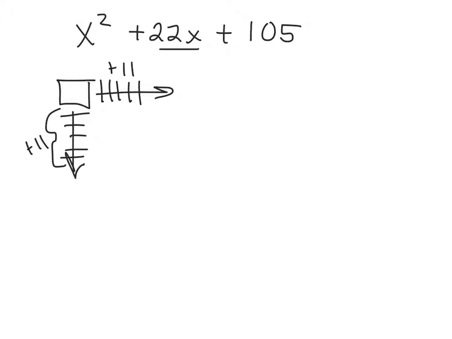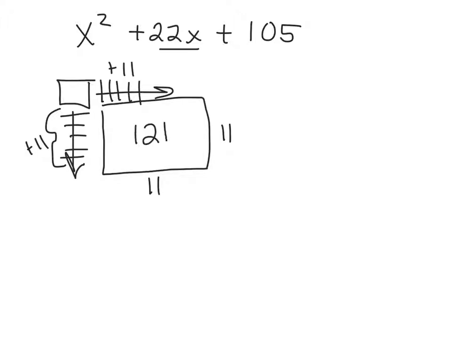Well, once we do that, now notice that we've just increased the x squared area by 11 in both directions, which means that we have this whole big area, which is an 11 by 11. And 11 times 11 gives us 121.